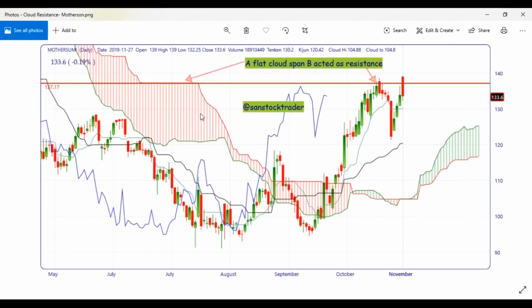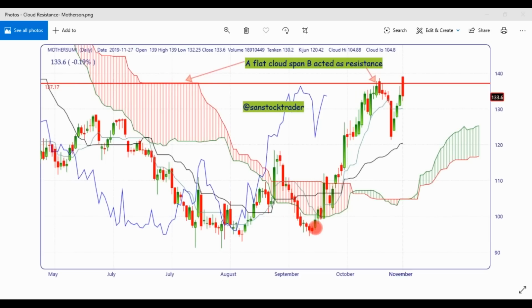So let me show it here. Here we can see this portion of the cloud was totally flat. Whenever you see such flatness for a longer time, just draw a line, and believe me, this line will act as a resistance in the future.